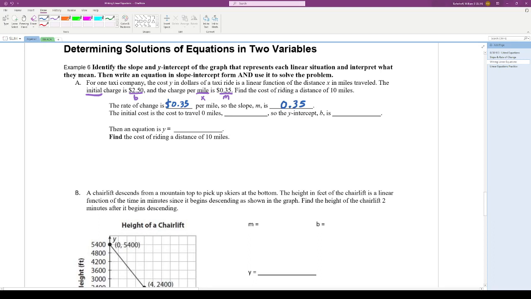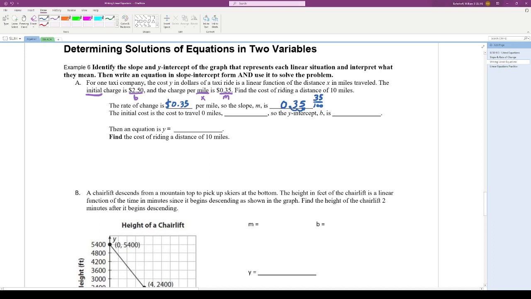Remember earlier we talked about not leaving decimals for our slope. We want fractions. So if we wanted to express a number of cents as a fraction, that would just be like saying 35 cents out of every 100, 35 out of $1. So that's the same thing as moving the decimal over twice would be like multiplying by 100.